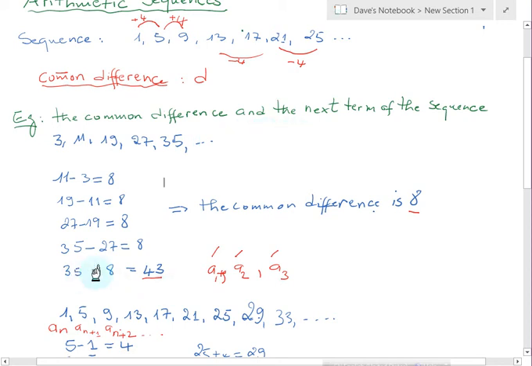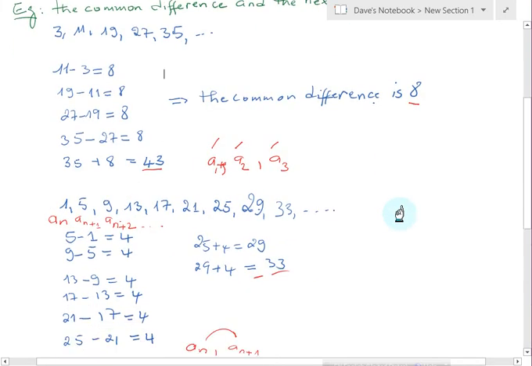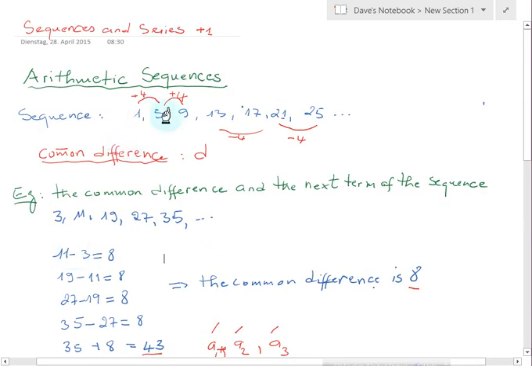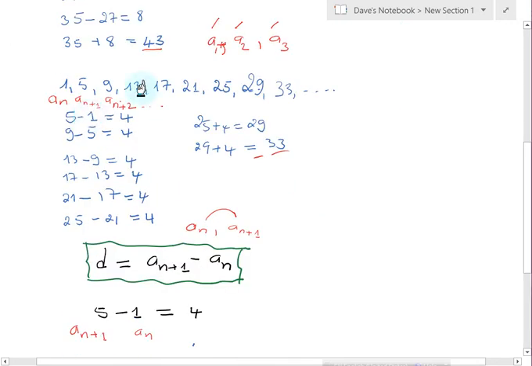Adding 8 to 35, we get 43, and that's the result. Then for another difference, we have 5, which is actually the difference we took at the beginning. We do the same process, to get 4, and then we can have the next 2 terms of the sequence.